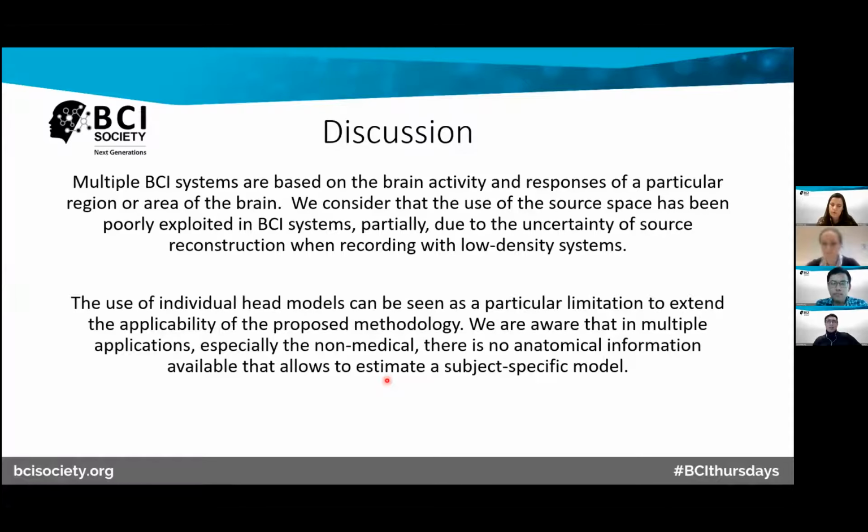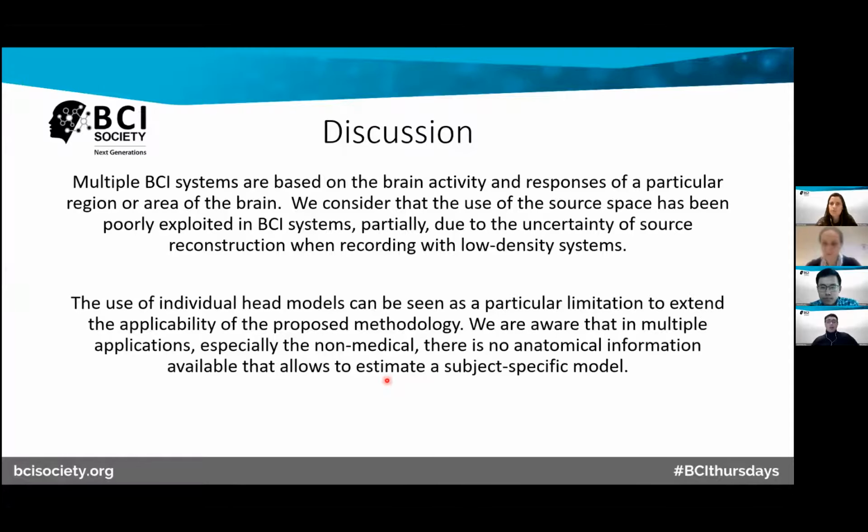We believe that the use of source space in BCI systems is still poorly exploited in some cases because there is uncertainty in the reconstruction when using low density systems. So most people don't dare to use source reconstruction if they don't have a high density system.